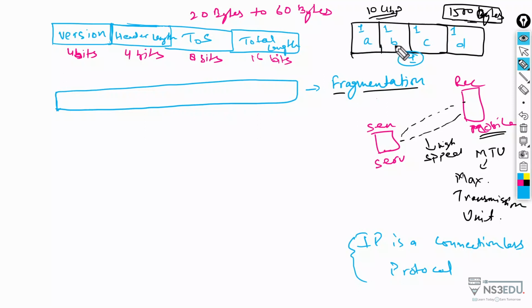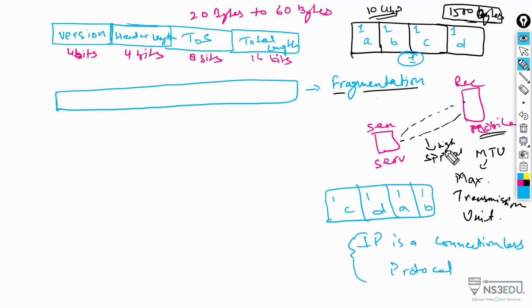Now each and every packet will just go with the flow, and when it has been received at the destination, let's say the mobile, the mobile will be able to not just receive it, but also rearrange and resequence whatever packets are sent. So let's say it got received at the destination side as 1C, 1D, 1A, 1B.